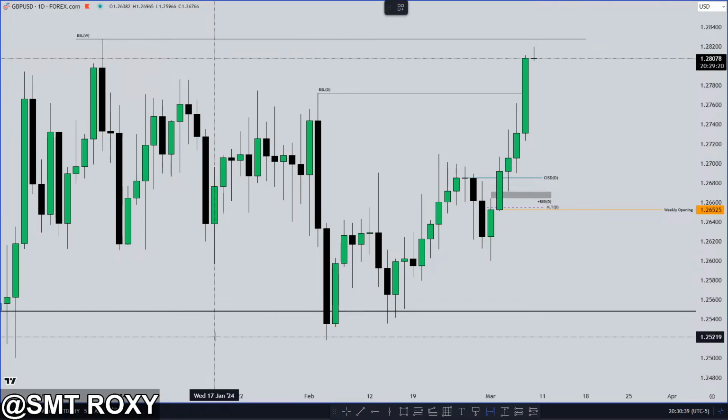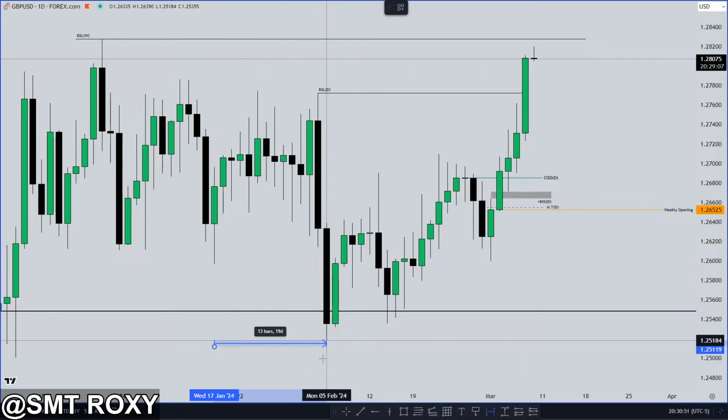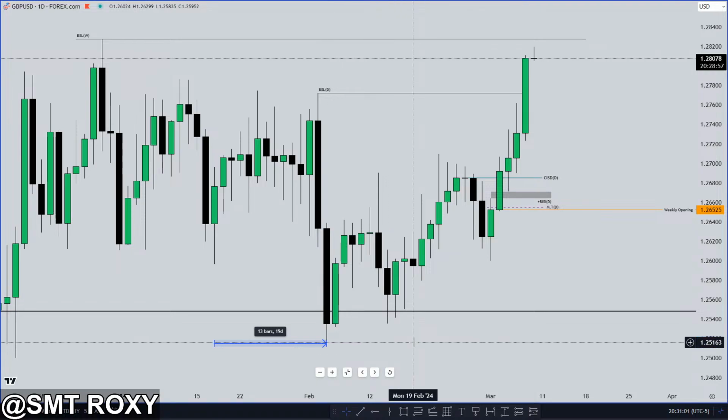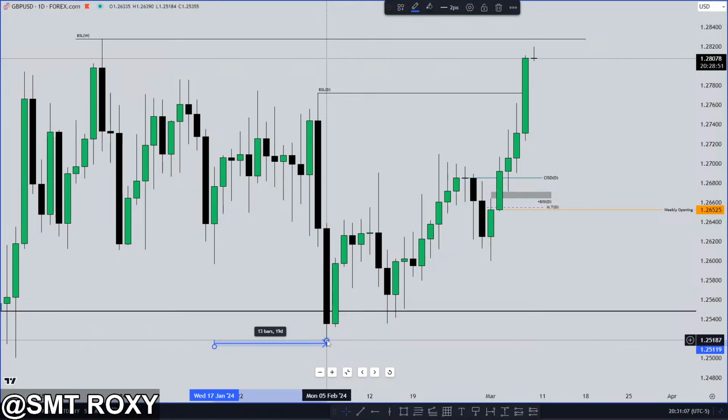You weren't able to break above this high, and you weren't able to break below this low. From this day forward, let's see how long it took to get down there. It took 19 days or 13 bars. 13 bars equals 13 trading days, basically minimum 2 and a half weeks to break below those lows in that range that we were inside of.